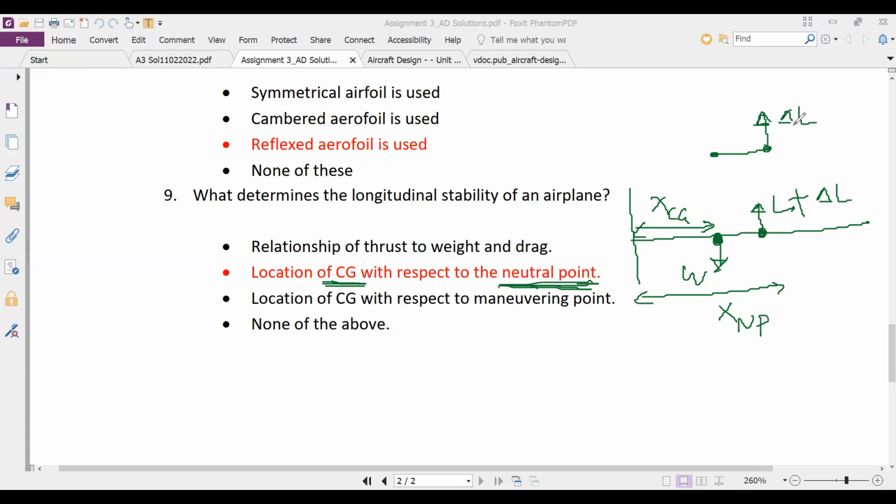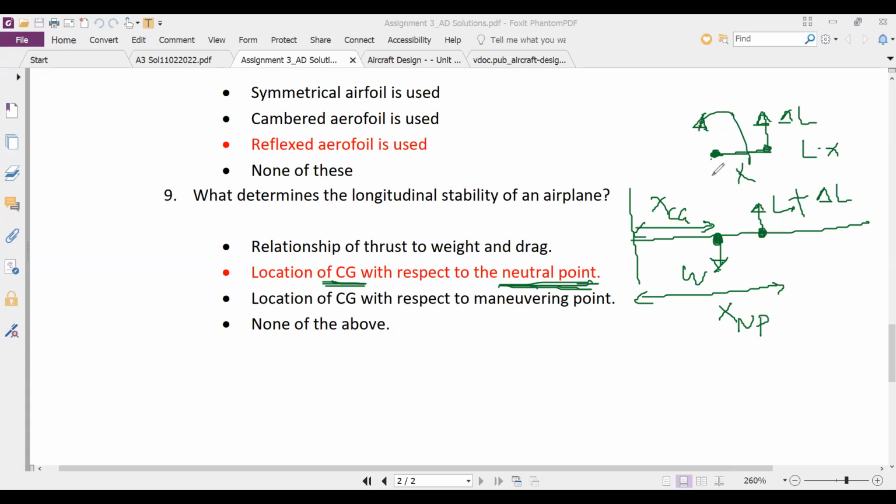So some delta L force, and call this length some x. A moment will be generated about this point with the magnitude of L times x. This L into x moment is trying to rotate this moment arm counterclockwise, right?